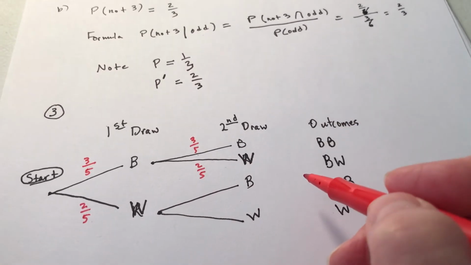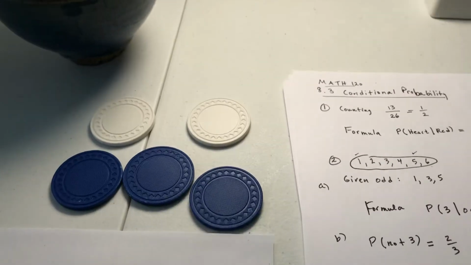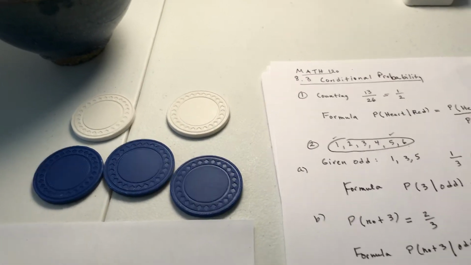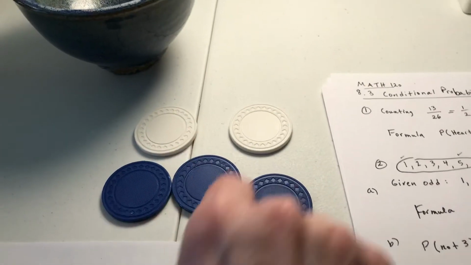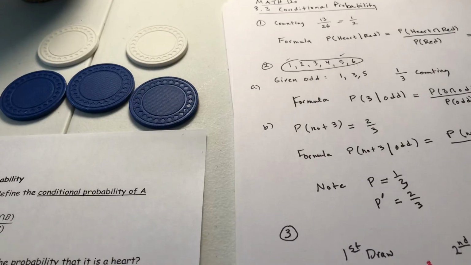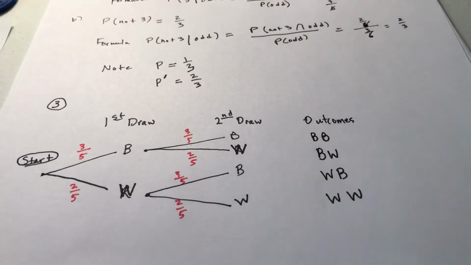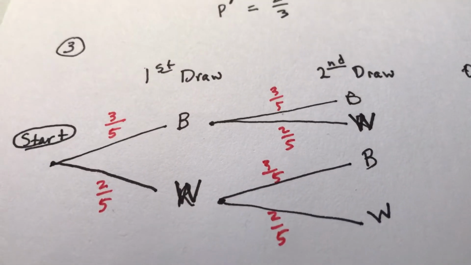If I drew a white and put it back, my chance of a blue is 3/5 again, and white 2/5. And there you have the entire probability tree.